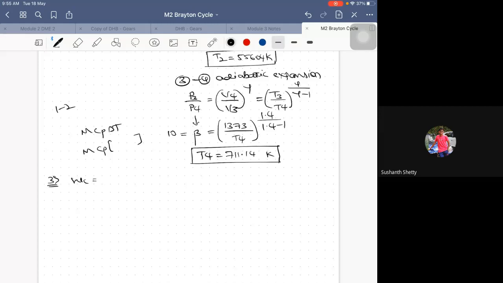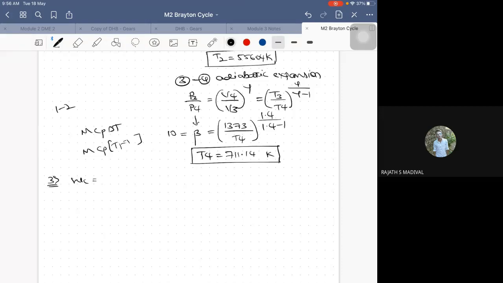So is it T2 minus T1 or T1 minus T2? For work, it is initial minus final. T1 minus T2.